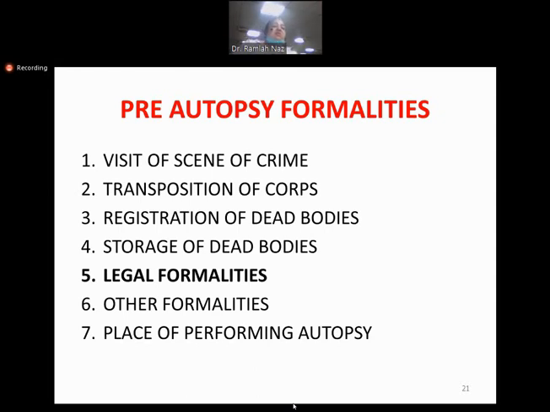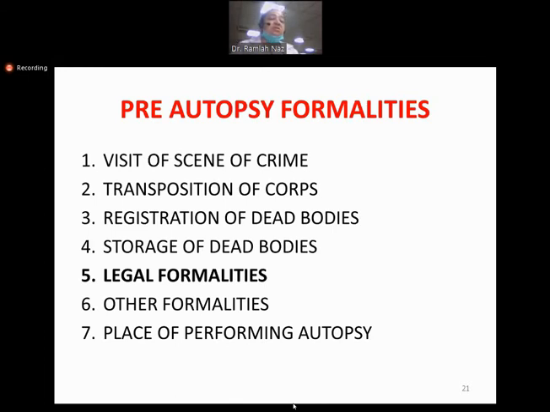Okay, so now the main important thing is pre-autopsy formalities. This is very important, guys, because whenever we ask this question in the exam, you get confused. Try to understand all the points. The one I have highlighted is the legal formalities, which is very important.